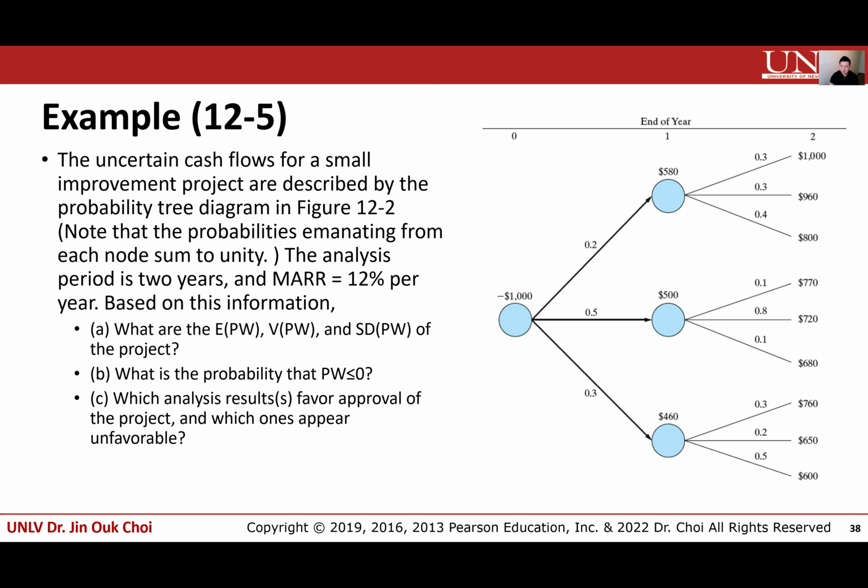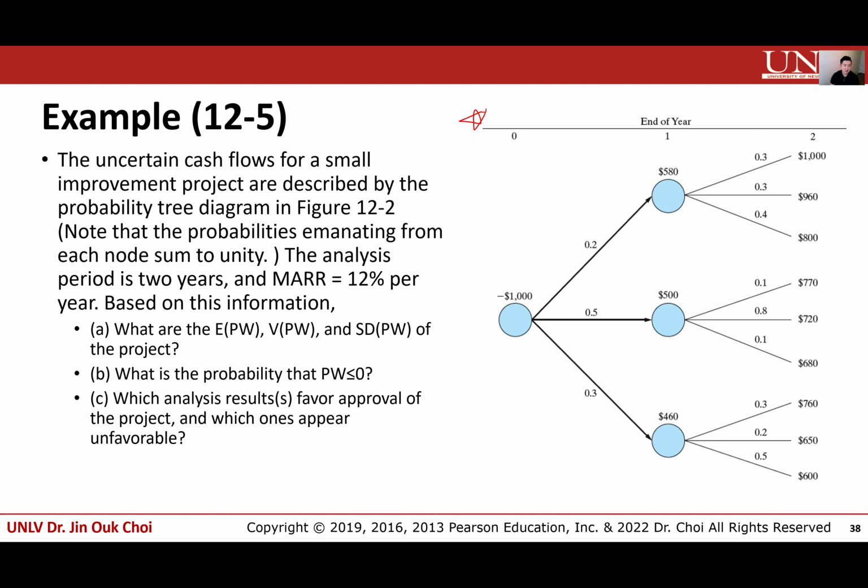This is a very similar decision tree problem as you saw from the previous figure. This is example 12-5 from your textbook. The uncertain cash flows for a small improvement project are described by the probability tree diagram in the figure.